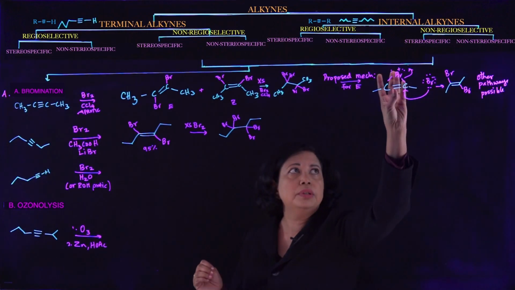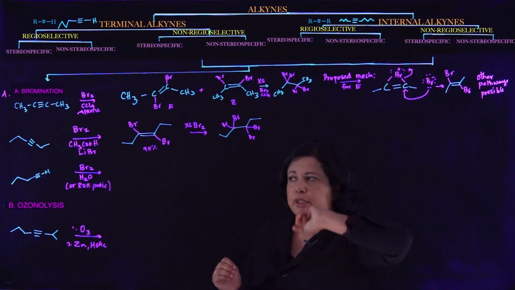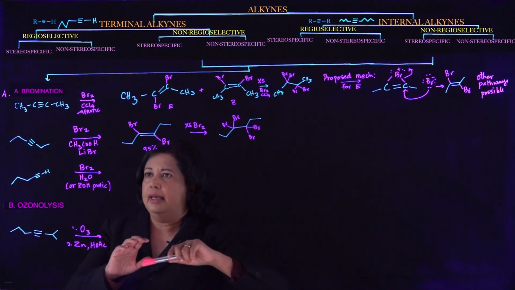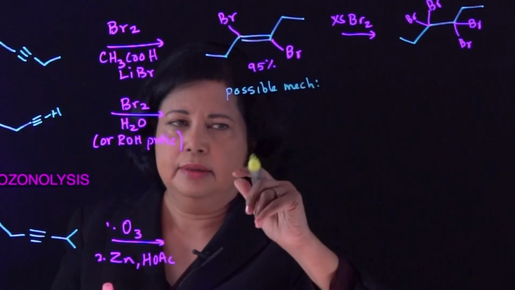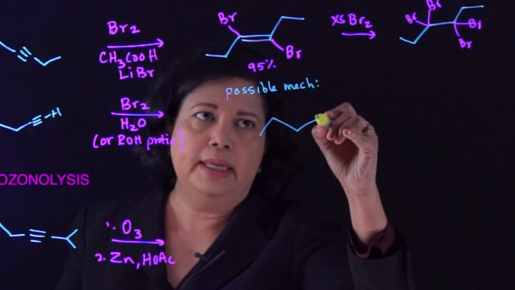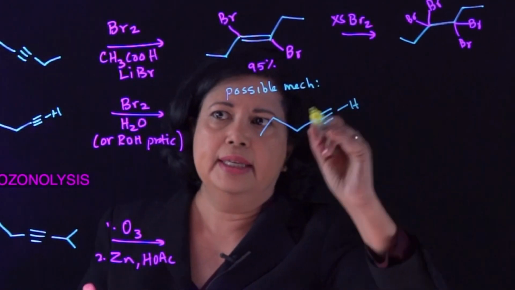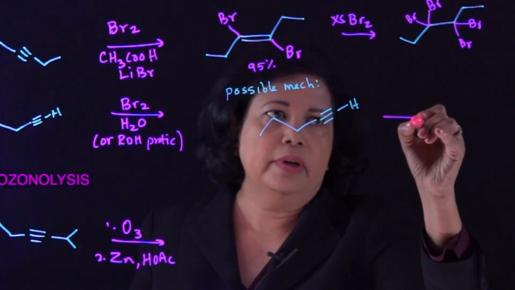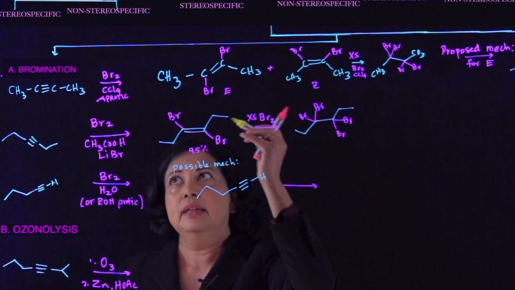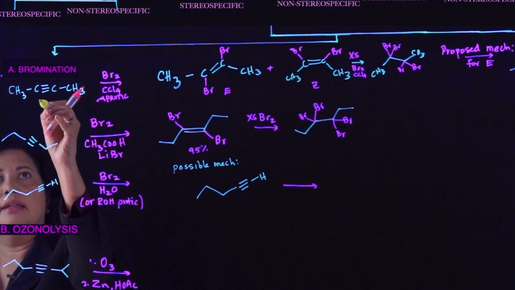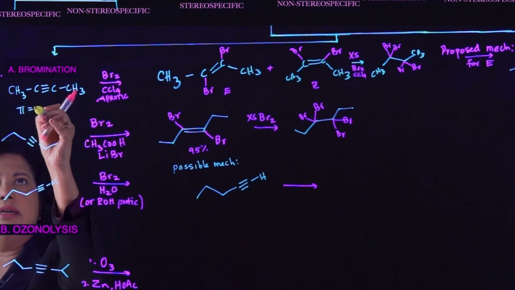So, well, if we propose something like this where you have a triangular bromine, let's look at a possible mechanism. So you have a bromine that's going to attack that in a protic environment. Well, you need to have an electrophile. This is your nucleophile. In all cases, your alkyne pi bonds are your nucleophile.